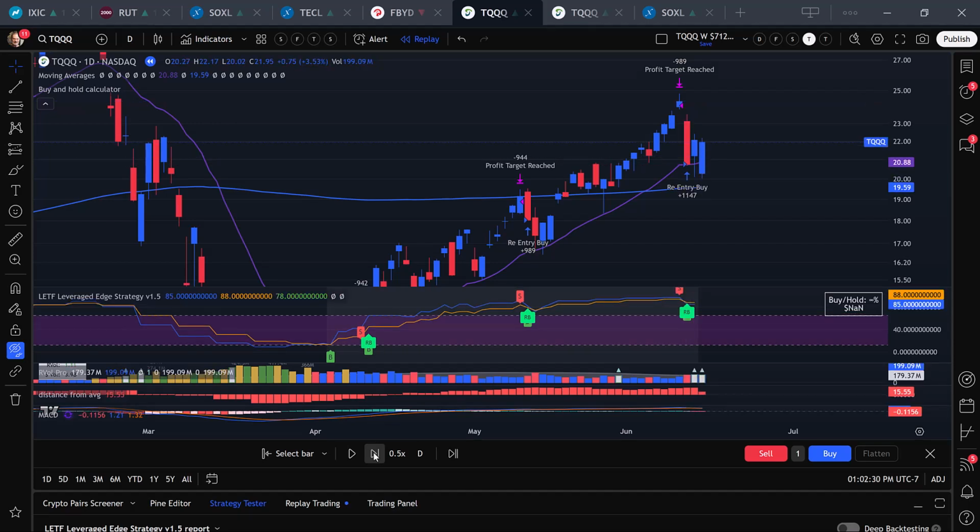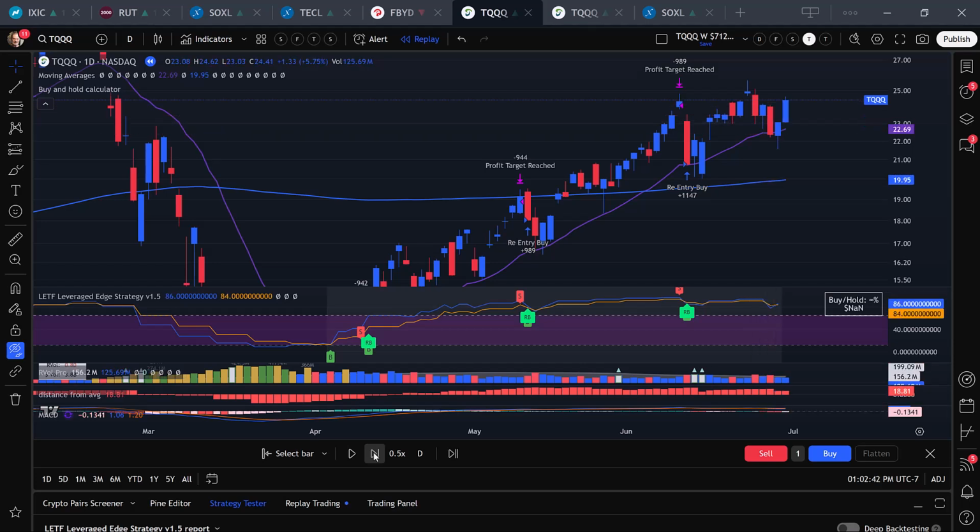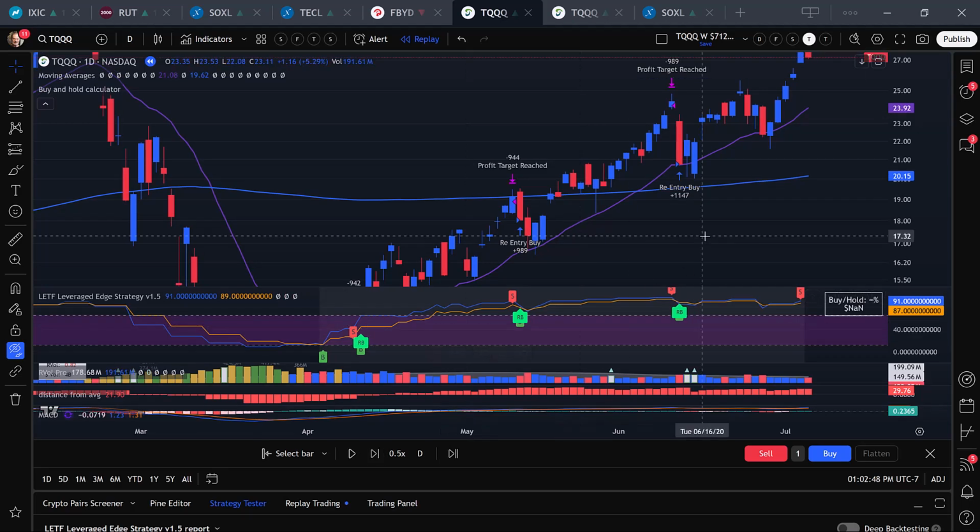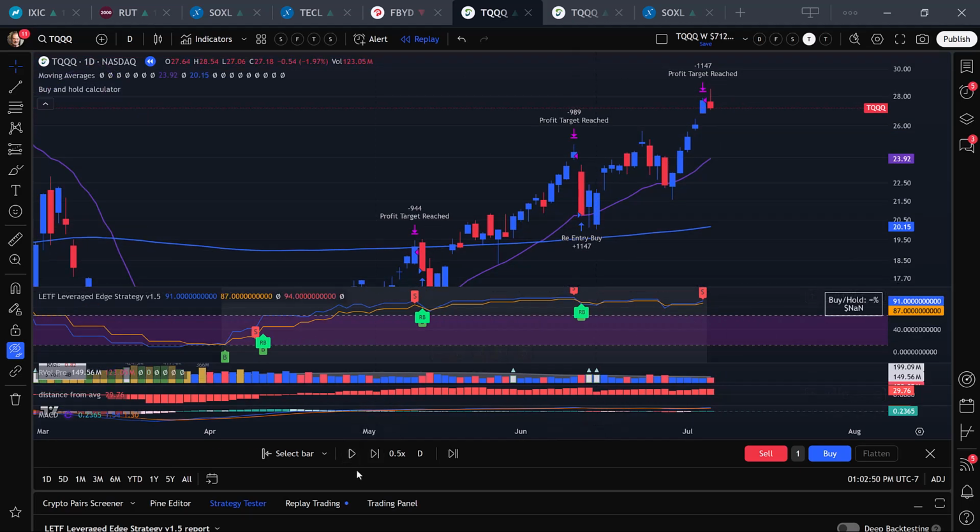And then you're going to need to change that every day, because the closing price is going to change every day. So that's the way that you can use the signals and trade the strategy efficiently and effectively.